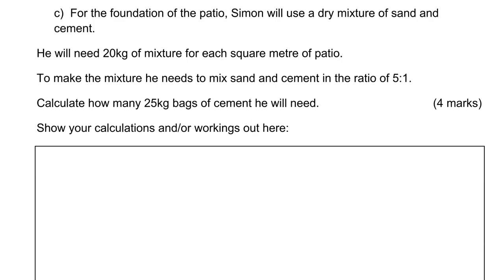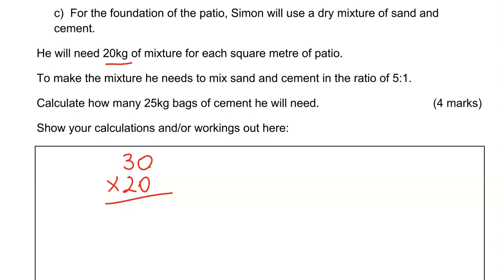So he needs 20 kilograms of mixture for each square meter of patio. And we worked out the area of the patio in the previous question, and that was 30 square meters. So 20 kilograms for each of these. That means we need to multiply 30 by 20 to work out how many kilograms of mixture he needs in total.